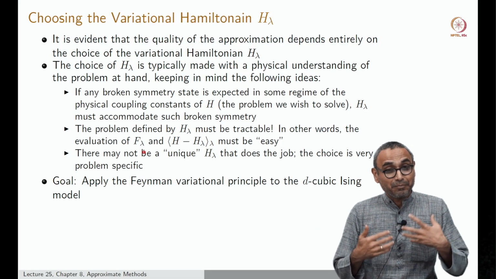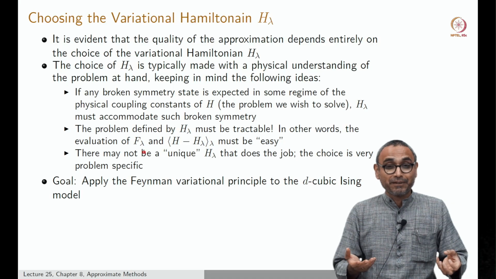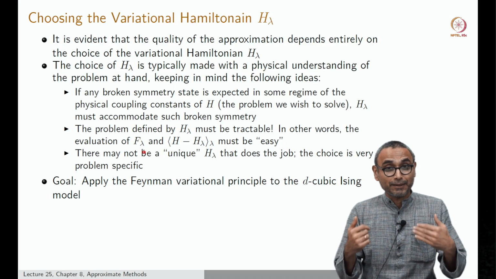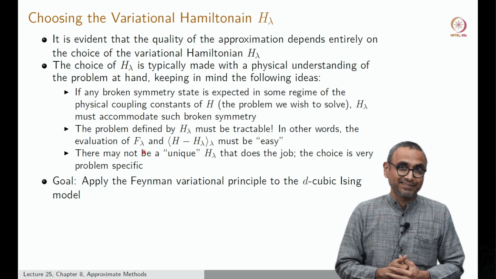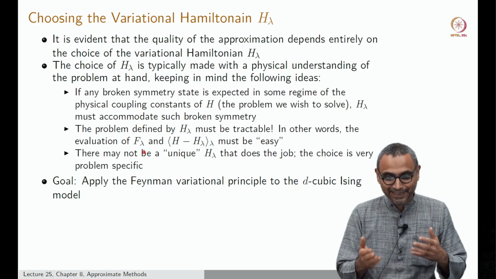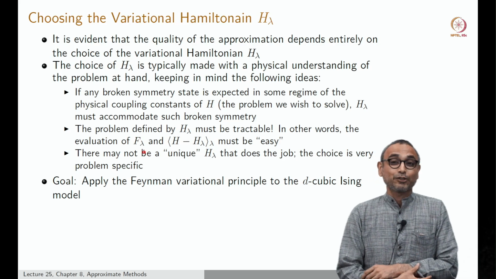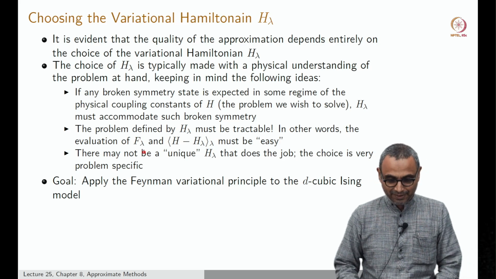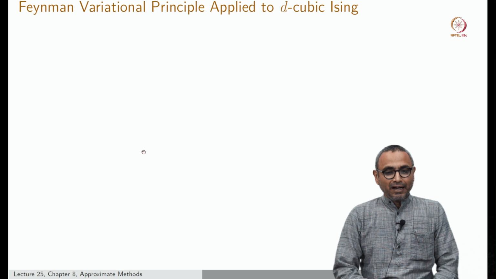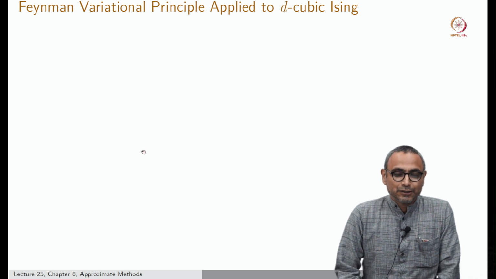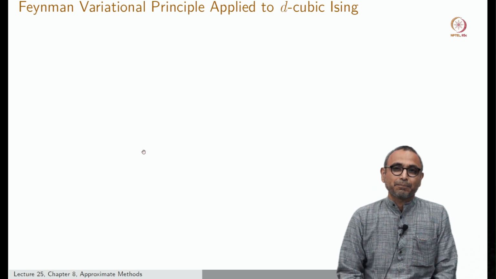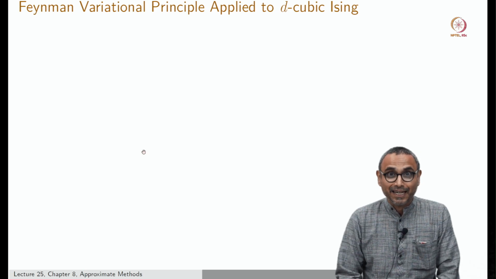You see the power of the Feynman variational principle: we will be able to solve the problem in any dimension, at least within a certain H lambda that we will choose. Okay, so this is what we are going to do. All right. So how do I apply the Feynman variational principle to the d-dimensional cubic lattice Ising model?